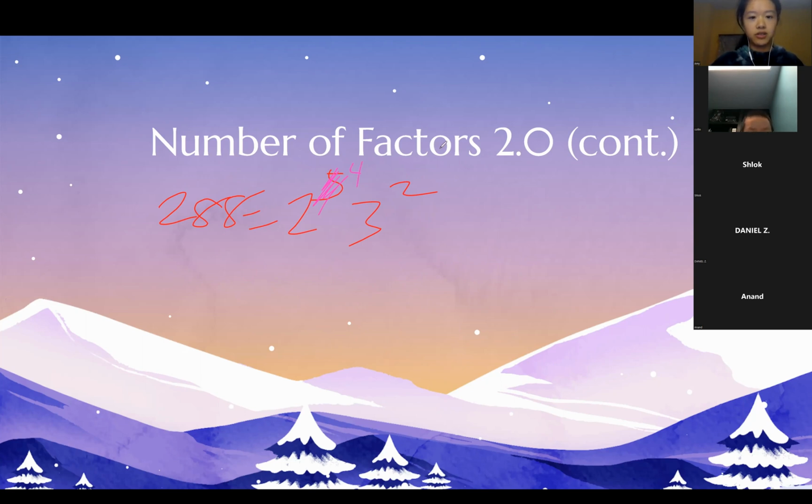Then you divide both of these by 2, because it's a perfect square, so every factor you have has to have a match. This becomes 2, this becomes 1. Then you add 1 to each, because in our normal number of factors method you have to add 1. That becomes 3 times 2, which is 6.